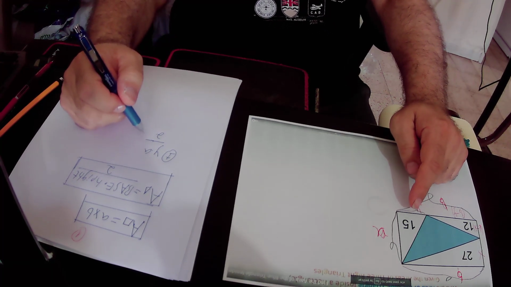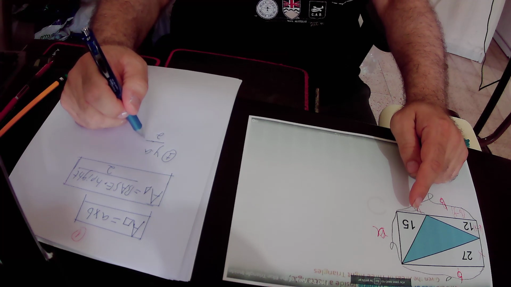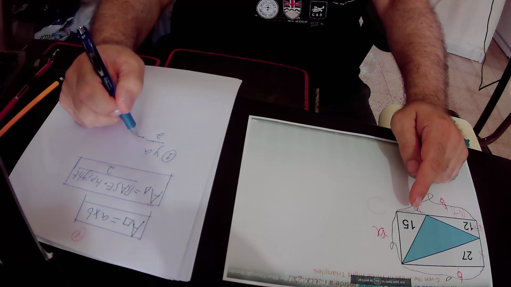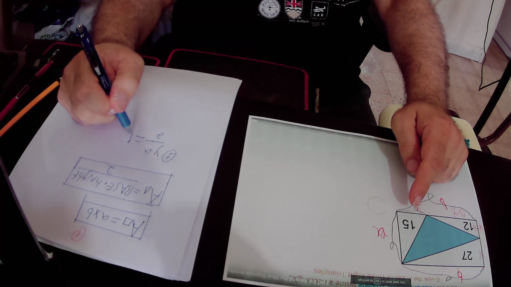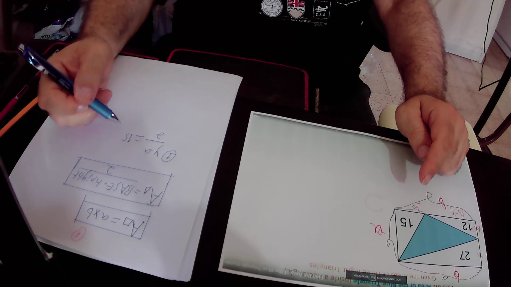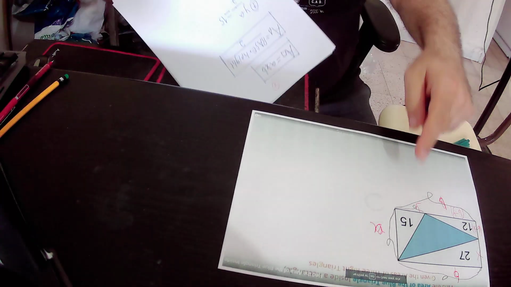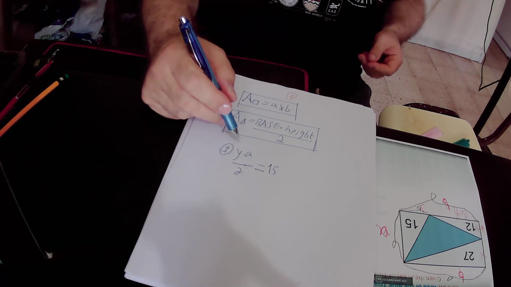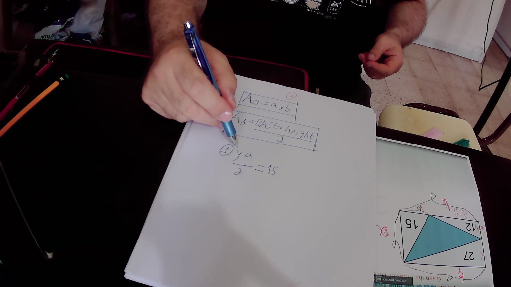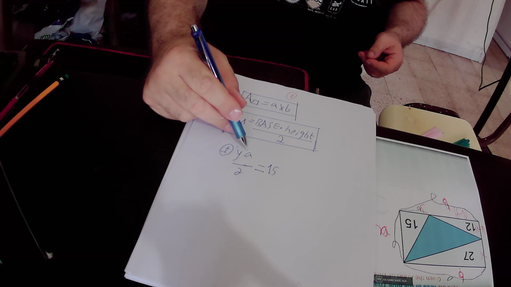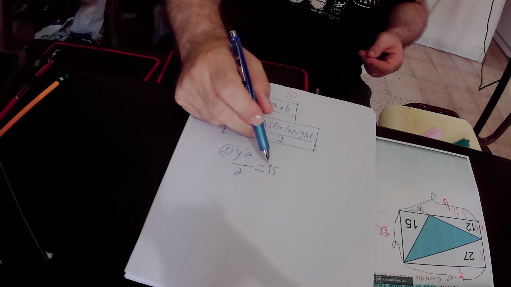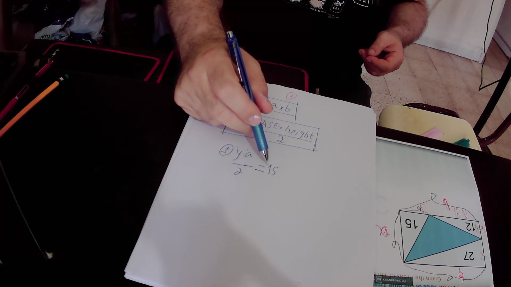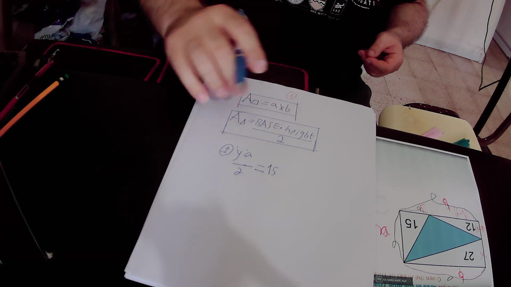The area is 15 units, so we can write that the area equals 15 units.